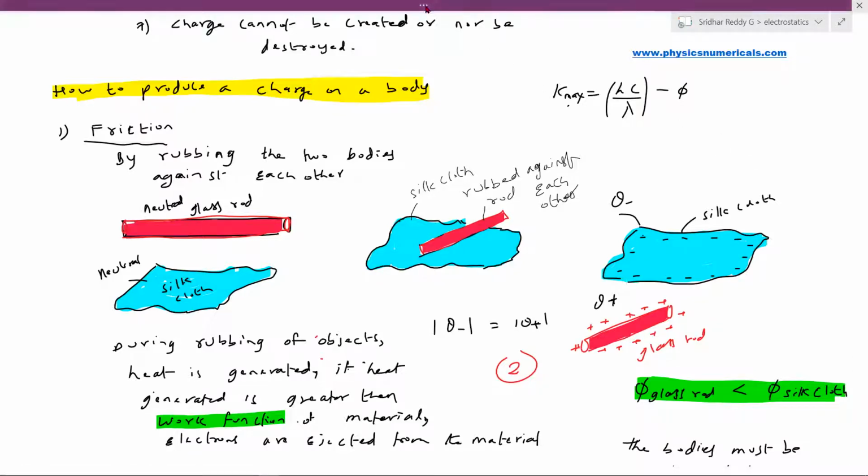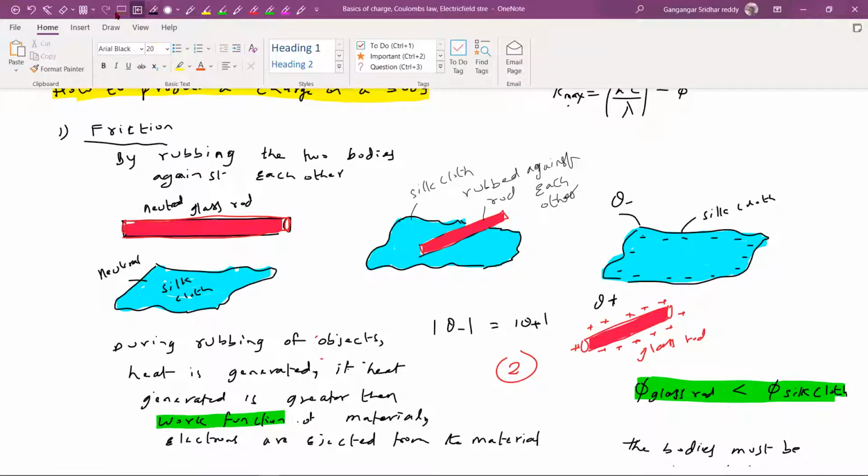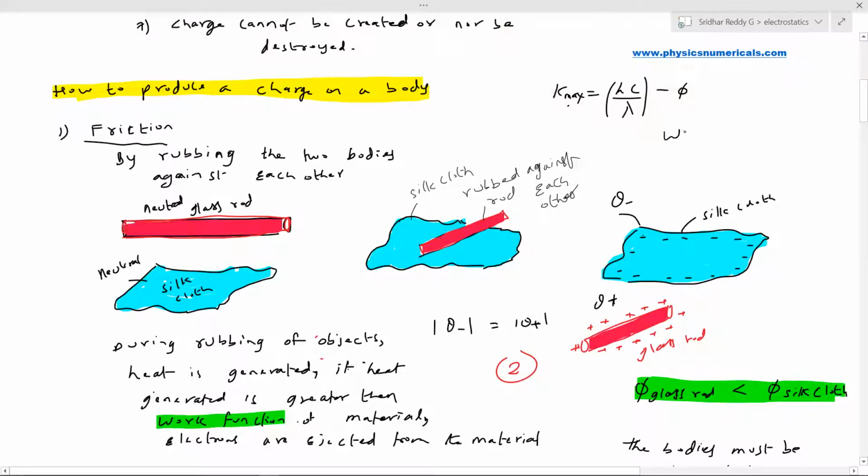When the energy of an electron becomes greater than the work function, the electrons will get ejected from the material. Ejected means they will leave that particular surface of the material. They come out, they get free from that material. So this was the work function.